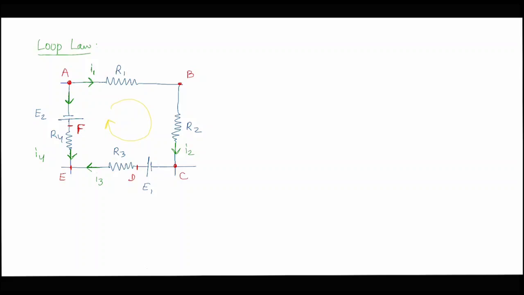If I apply the potential difference equation at every point, I can write it this way: VA minus VB, I am leaving a blank for the time being. Then VB minus VC, again leaving a blank. VC minus VD, VD minus VE, VE minus VF, and then VF minus VA.